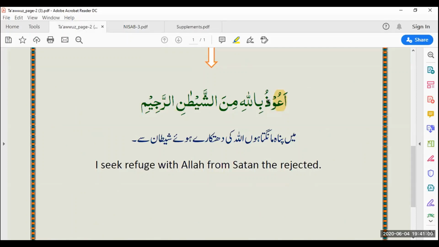Can you please recite this again and make sure you differentiate between Alif and Ain sound? A'udhu. So Alif, we just read it normally. We don't pronounce this from the middle of our throat. However, Ain is from the middle of throat. Just try again. A'udhu. Okay. A'udhu billah. Okay, that's fine.